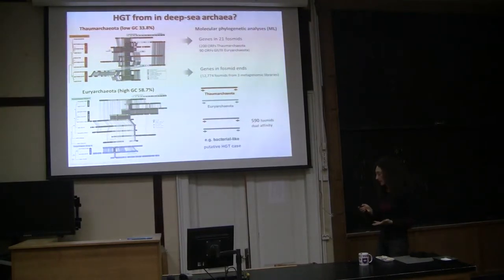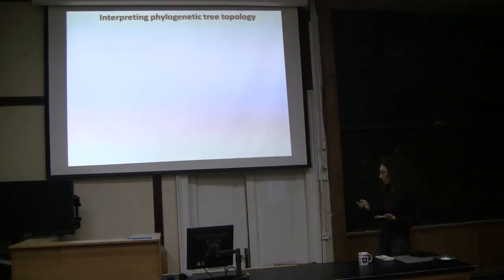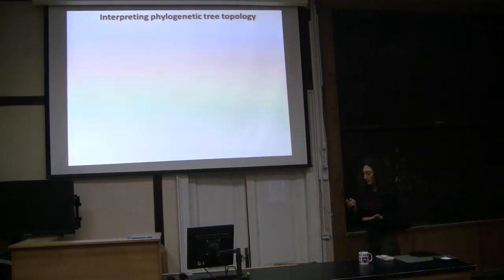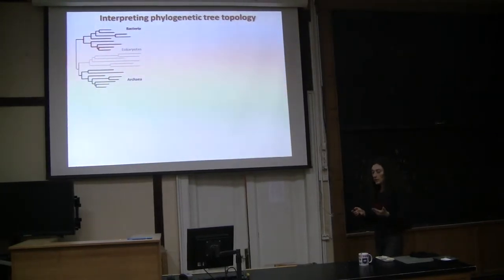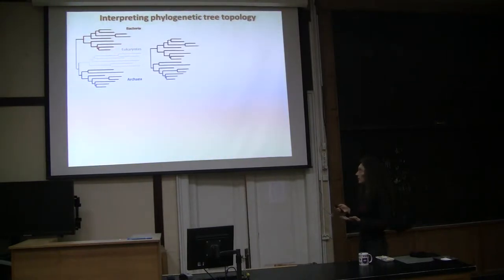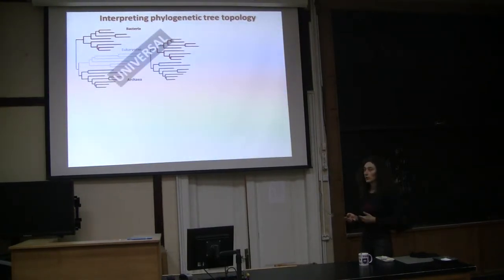So we analyzed the trees in detail, but before going on, I want to make sure that you understand the way we interpret phylogenetic trees and the topologies of these trees and how we decided whether something was a horizontal gene transfer or not. If we have a gene that in the different organisms, bacteria, eukaryotes or Archaea, or let's say in just two domains, bacteria and Archaea, form monophyletic groups like that, we are going to conclude that this is a universal gene.